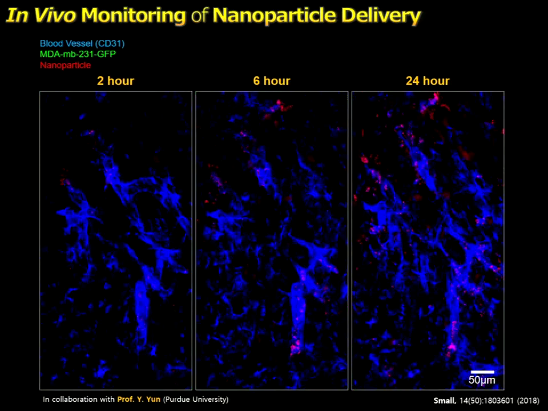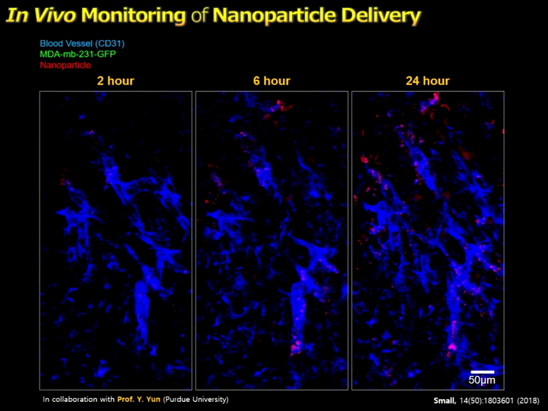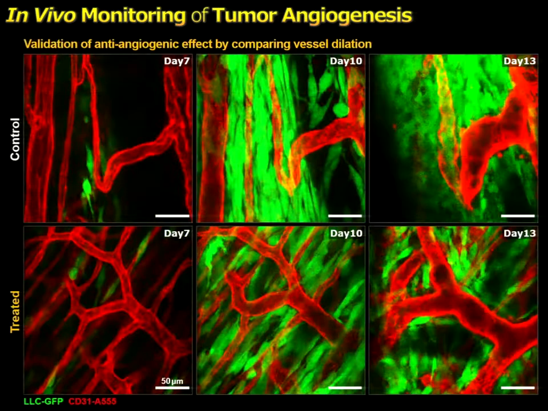So this is another good data. We can use intravital microscopy to monitor the delivery of drugs, in this case nanoparticles, to the target tissue, where the cancer cell is the target. We can quantitatively analyze at very high spatial and temporal resolutions. And this is another observation, monitoring the blood vessel in vivo every 3 days.